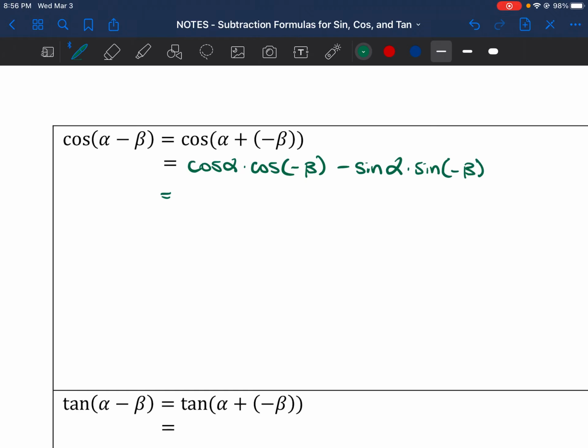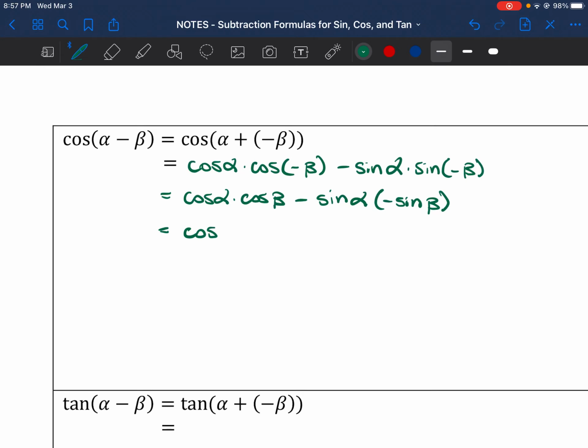So going through and simplifying, we get cosine of alpha, nothing's going to change there. Remember that cosine is an even function, which means that cosine of negative beta is going to be equal just to cosine of beta, minus sine of alpha, nothing happens here. And then we hit sine of negative beta. Well, we know that sine is an odd function, meaning that sine of negative beta is really negative sine of beta.